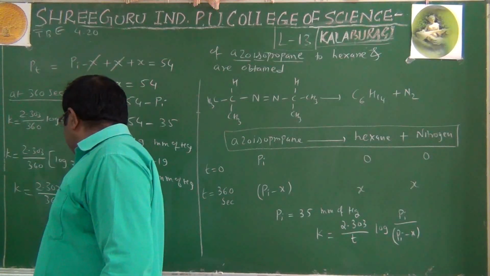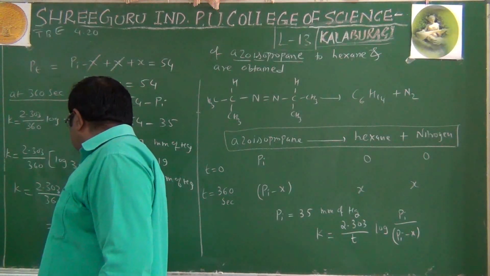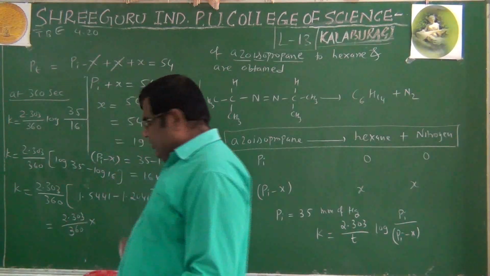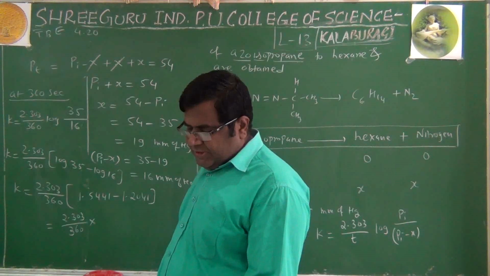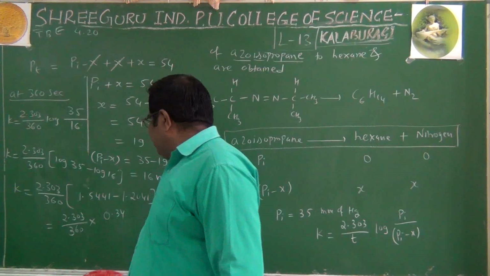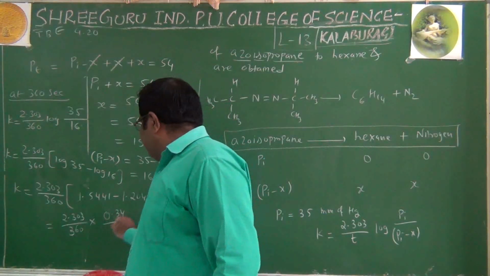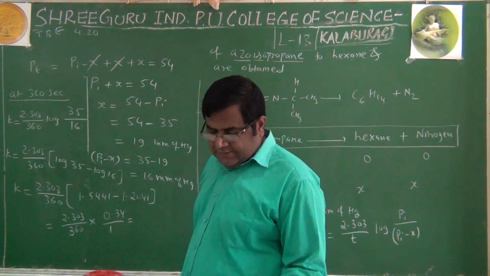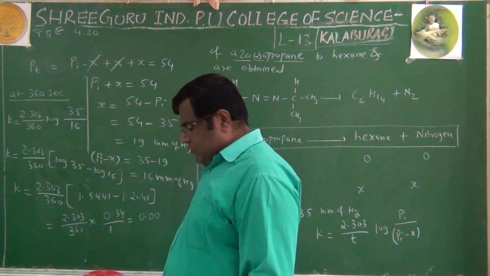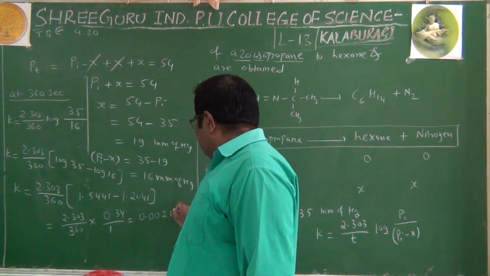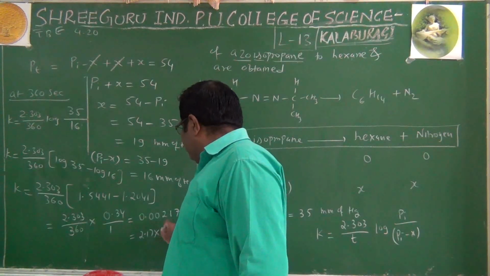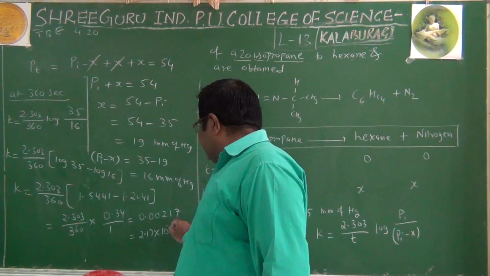This becomes 2.303 divided by 360 multiplied by, if we go for this subtraction, 0.34, and if I simplify this, I will get 0.00217, and I can write this as 2.17 multiplied by 10 raised to minus 3.